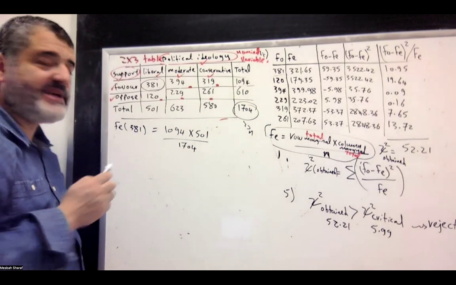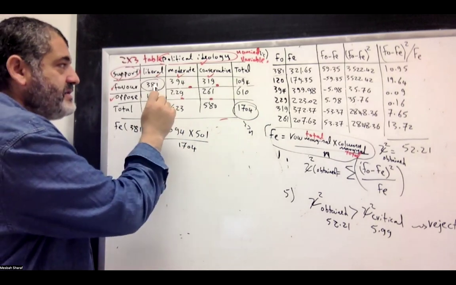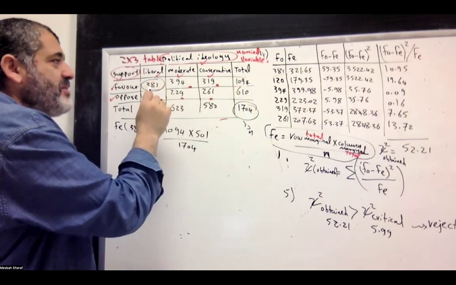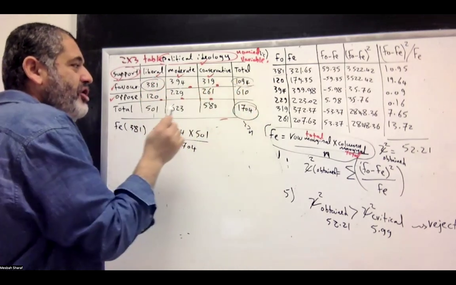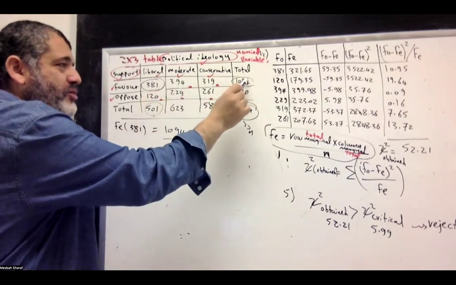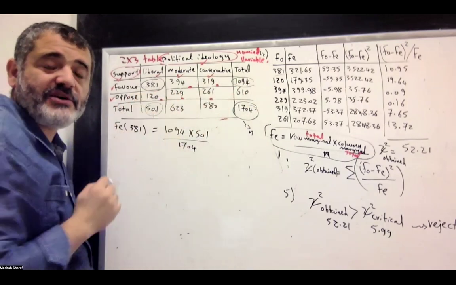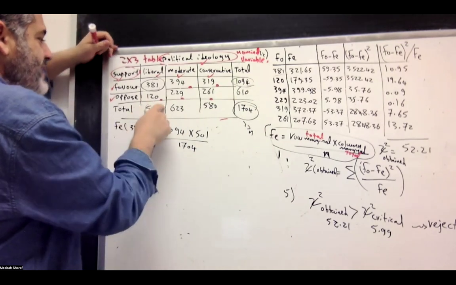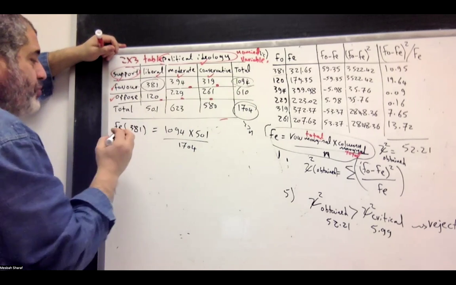So how did I get it? This cell belongs to the first row and the first column, so I'm going to multiply the row total and the column total of that cell. Let me get the expected frequency for the 120.